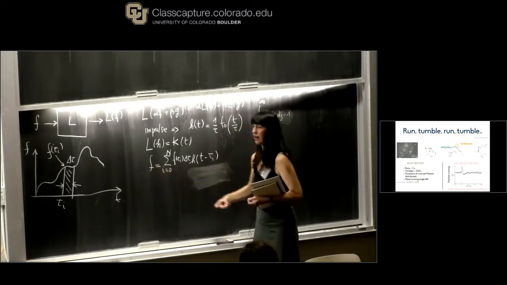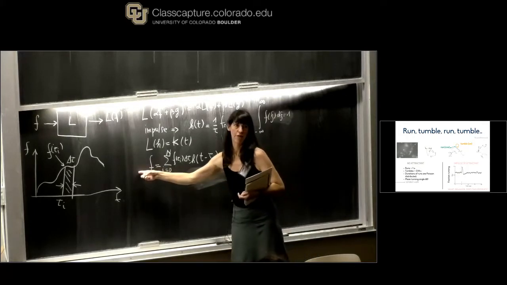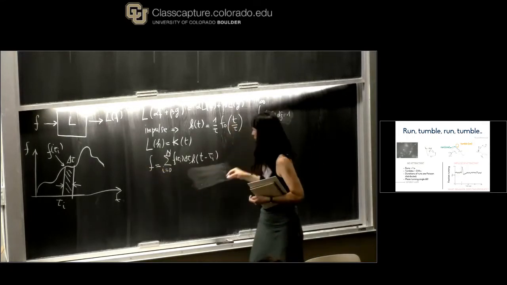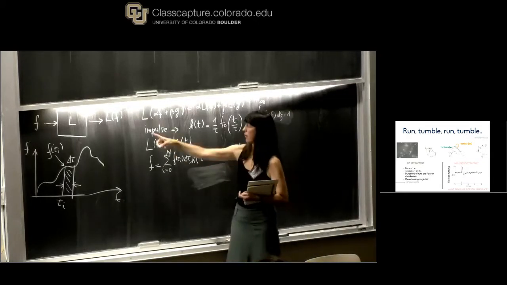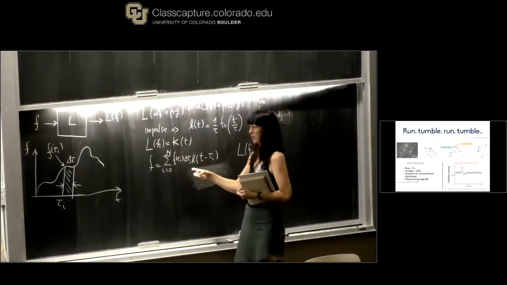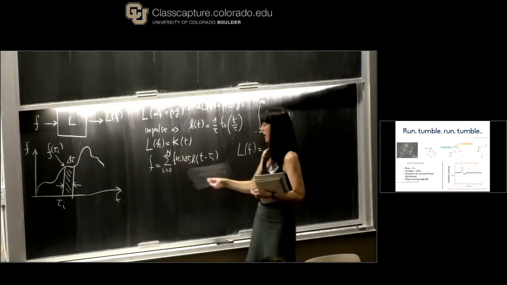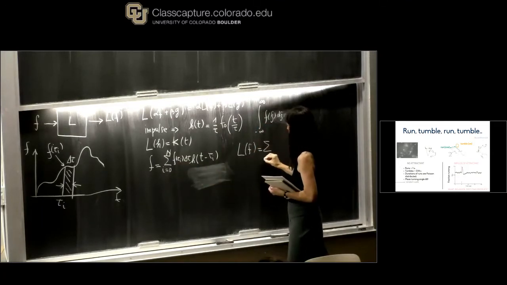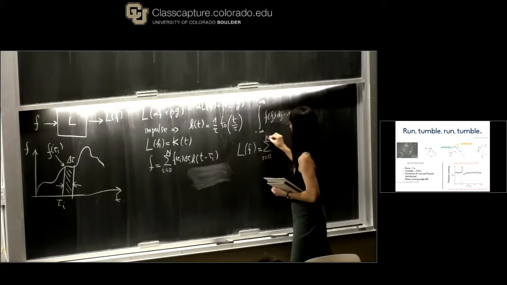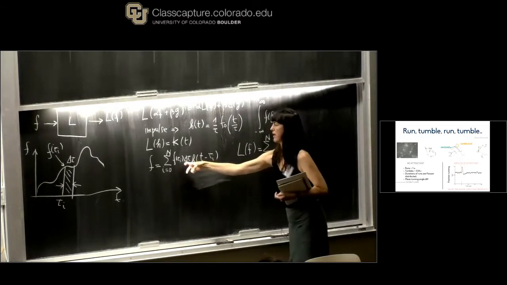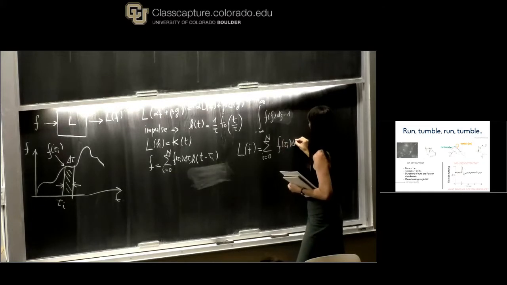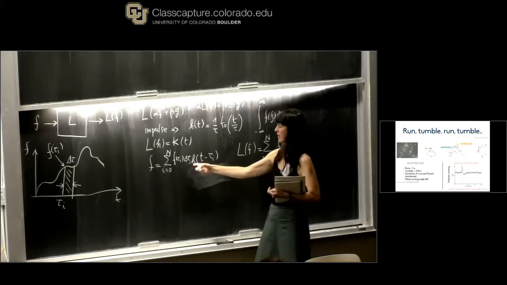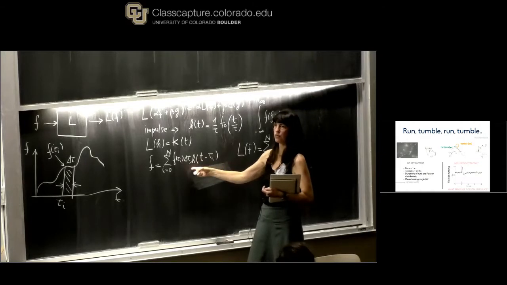Now, can we calculate the response to this f, which is now generic? L of f will be, the operator gets inside the sum. These do not depend on time, so these are constant, right? They depend only on tau. And what do I get here? What's the response to the impulse?